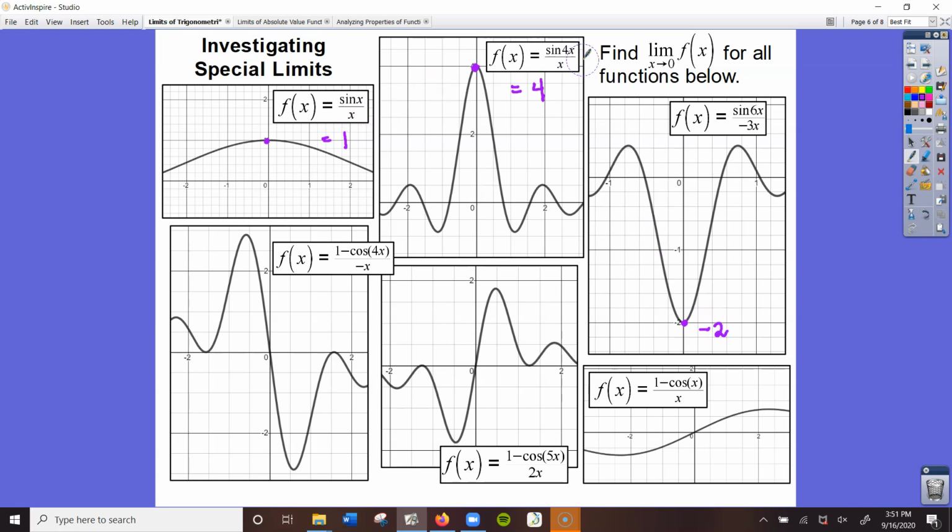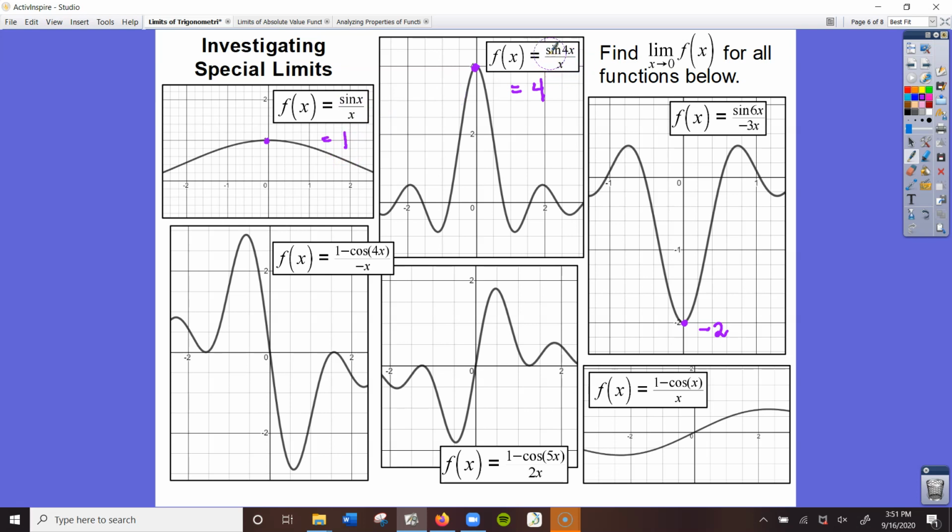Now if I look at all of these equations, we have the sine of x over x. The special limit that we're looking at here is that the sine of x over x is equal to 1. And if you have any coefficients attached to it, you would just do the operation. So if you have coefficients in the numerator, you would divide by whatever coefficients you have in the denominator. Here, since there's none, the answer is just 1.